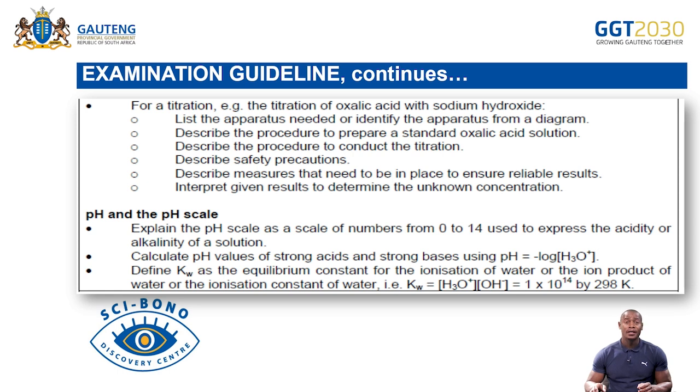And we are also going to look at the apparatus that we need to perform titration, a standard solution, describing the safety precautions, describing the measures that need to be in place to ensure reliable results, and interpreting given results to determine the unknown concentration.